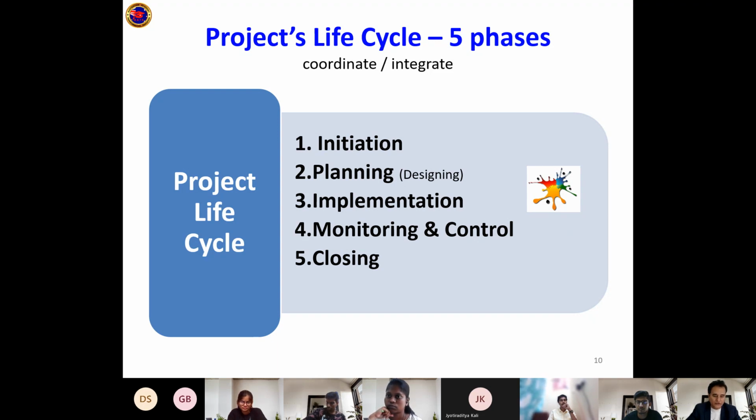Now, what is formal closing? Formal closing means what? Determining the project completed within the budget and on time, and it is fulfilling demands and needs. Correct. All these are strengths and weaknesses of the project.